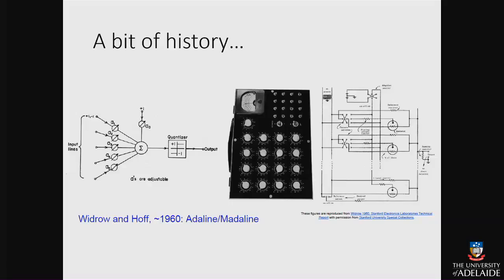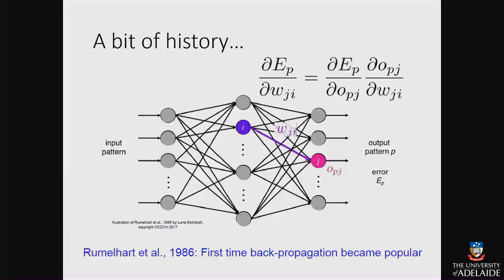But this one is a single-layer neural network, called Adaline, and later a multi-layer network of Adalines was implemented, called Madaline. So these are some physical devices for doing neural networks.